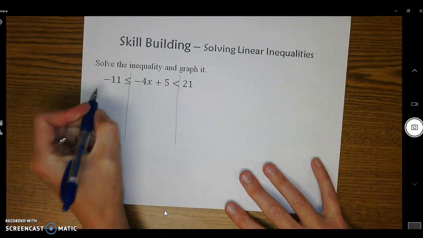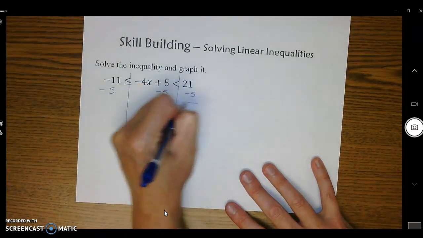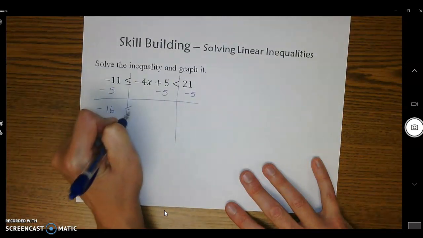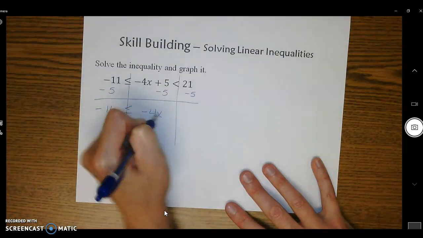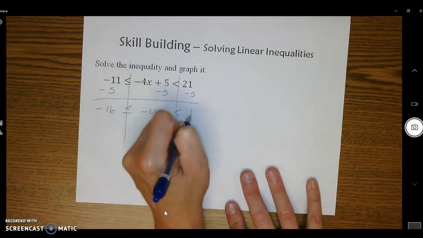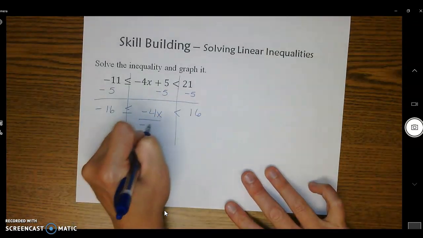Same process again. So we're going to subtract 5 everywhere. This will be -16 less than or equal to -4x less than 21 minus 5, which is 16. Dividing by a negative number.